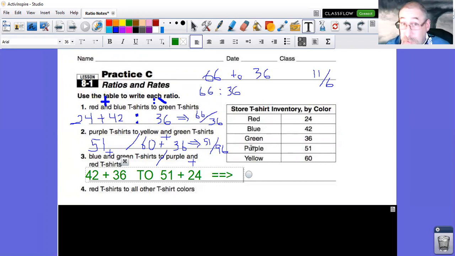Just checking, make sure you're paying attention. All right, so we end up with 78 to 75.